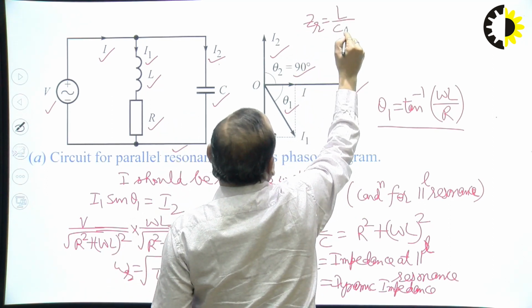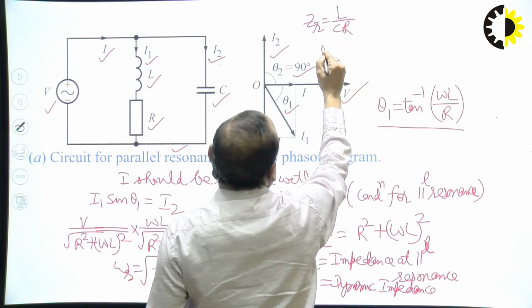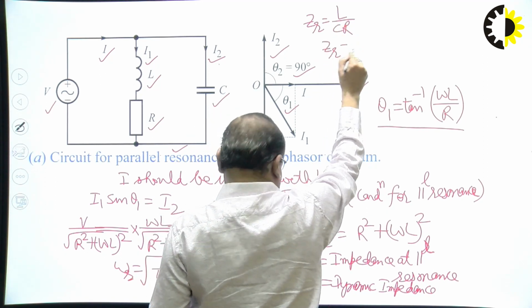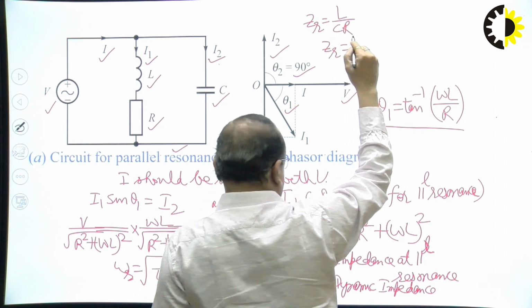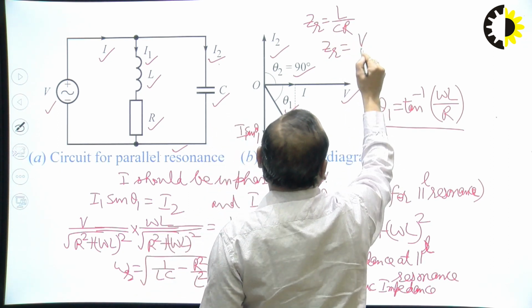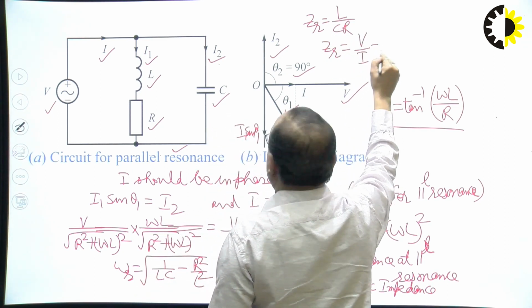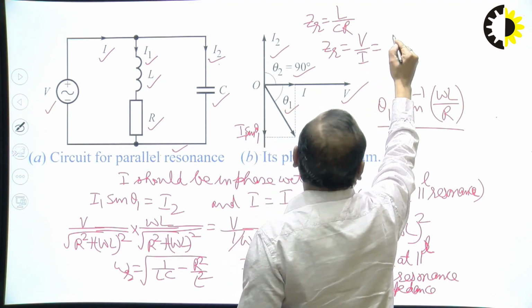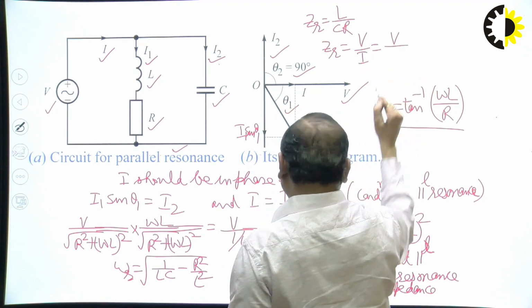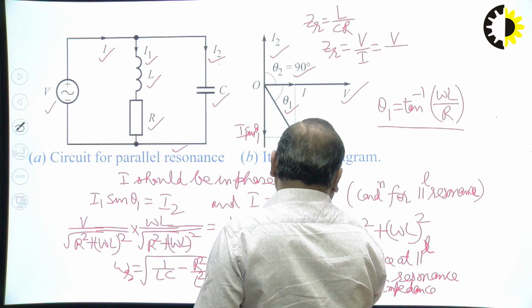Reason being, how we find it? ZR will be given by V upon I, supply voltage upon supply current. We have found it is I1 cos theta 1.